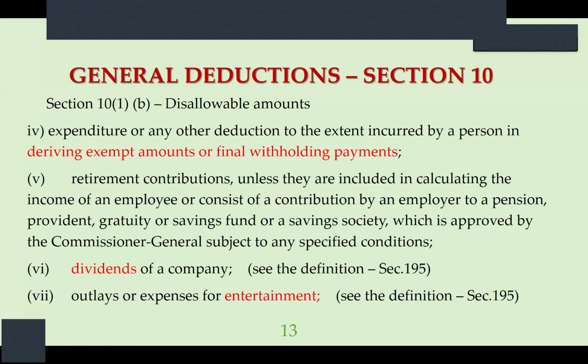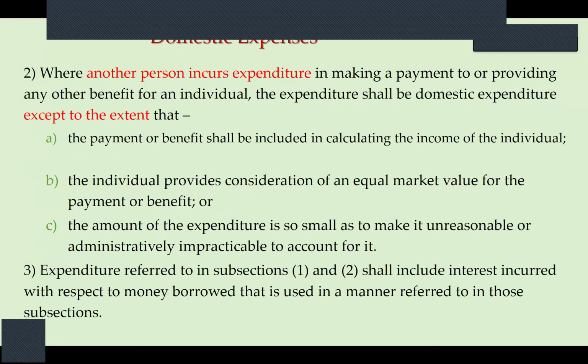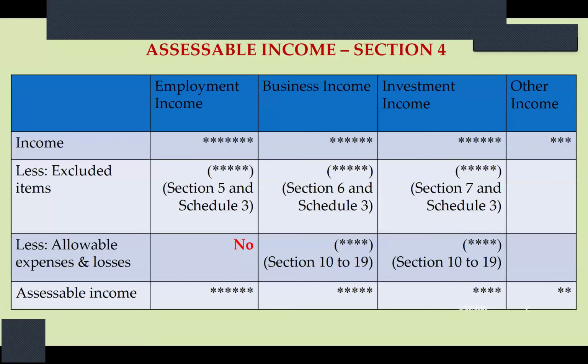Item 4 says expenditure or any other deduction to the extent incurred by a person in deriving exempt amounts of final withholding payments. That means, I think you can remember, when we are considering the income here, what we have done: we identified all income here. Then we deducted excluded items.